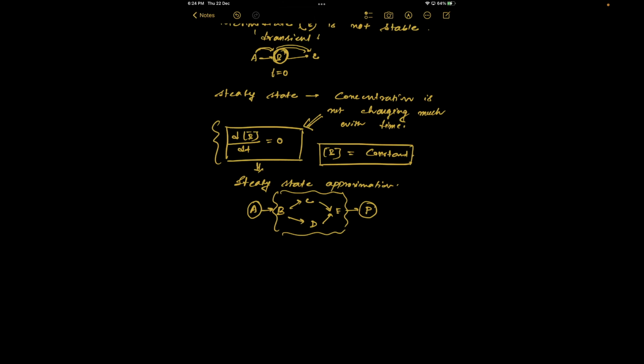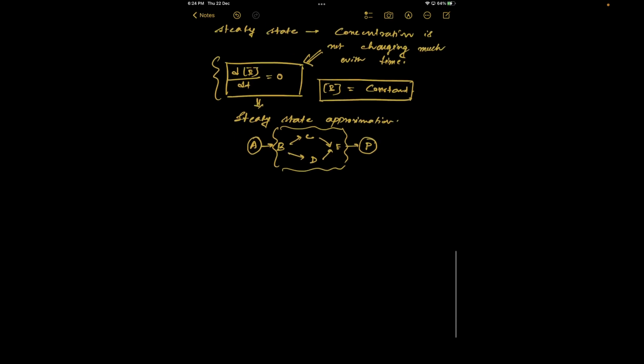Let's assume that all these intermediates are transient, that means the lifetime is very small. So you can apply the steady state approximation to all of them, like dB/dt equal to 0, dC/dt equal to 0, and so on.